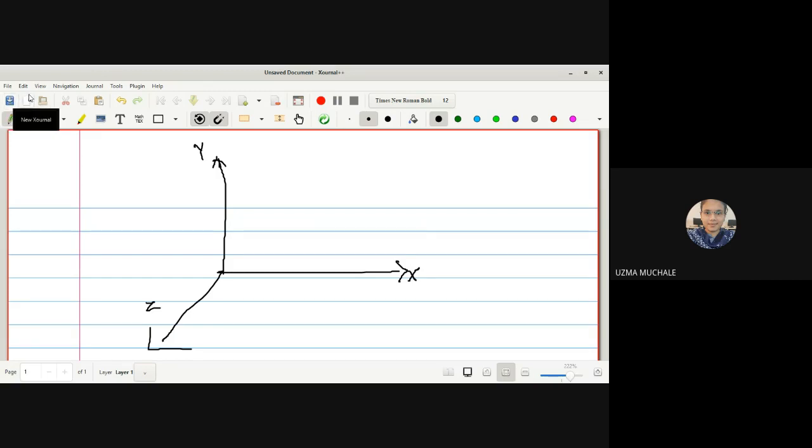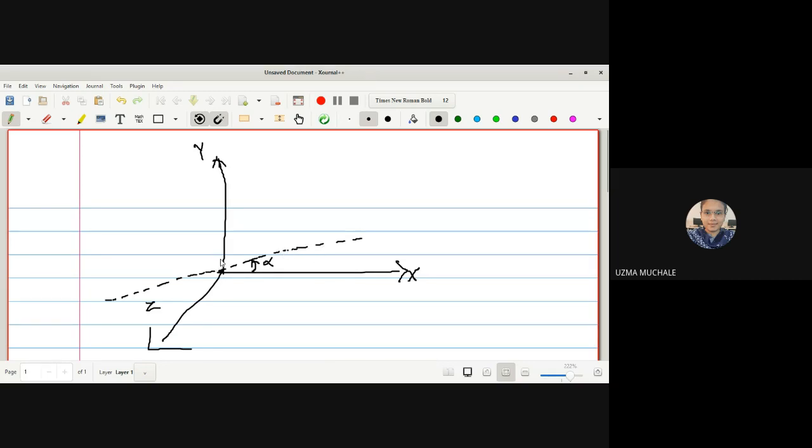So what is my aim to find out? We want to find the direction cosines for this line. Suppose this is a line passing through the origin. This is the angle alpha, which is made by this line with the positive direction of the x-axis.